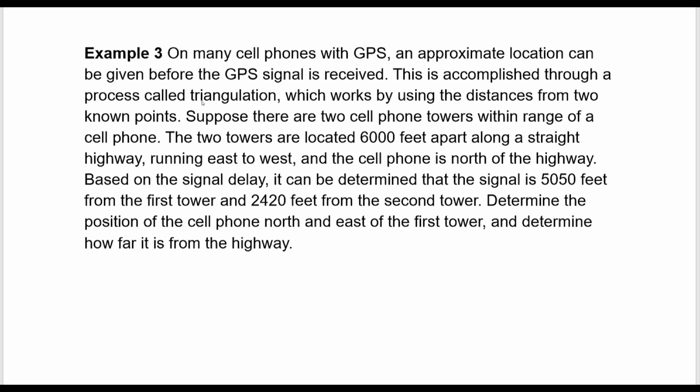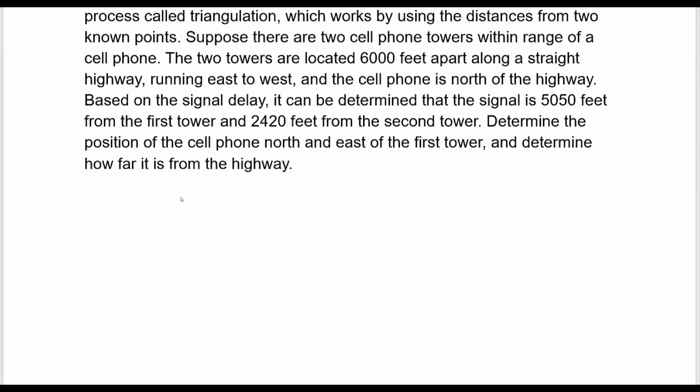Based on the signal delay, it can be determined that the signal is 5,050 feet from the first tower and 2,420 feet from the second tower. Determine the position of the cell phone north and east of the first tower and determine how far it is from the highway. Okay, so let's go ahead and draw ourselves a nice picture for this.